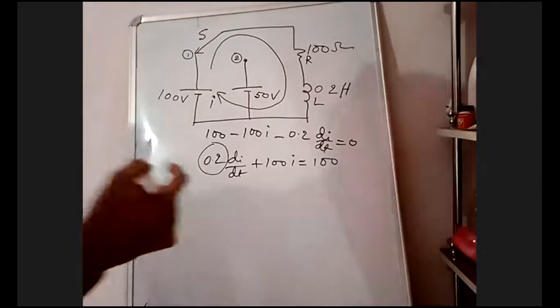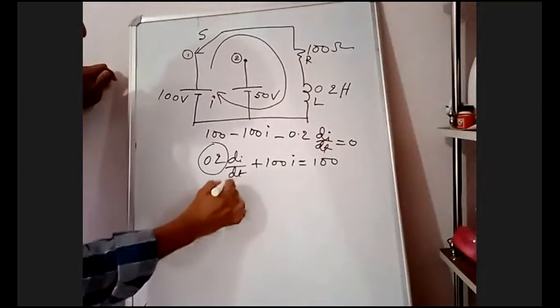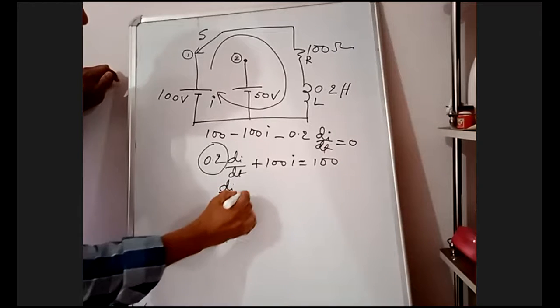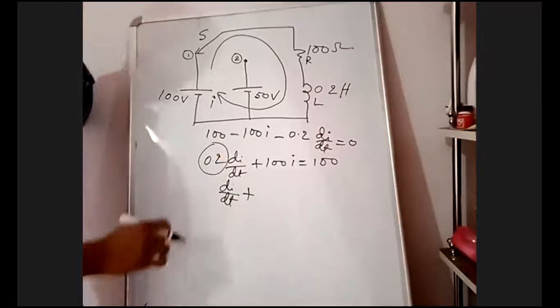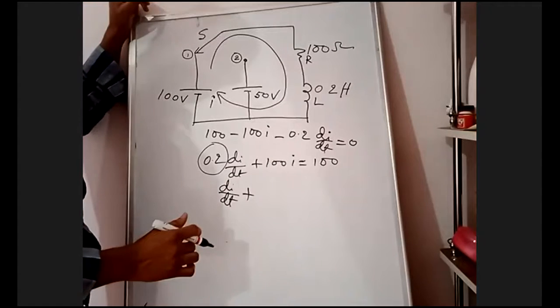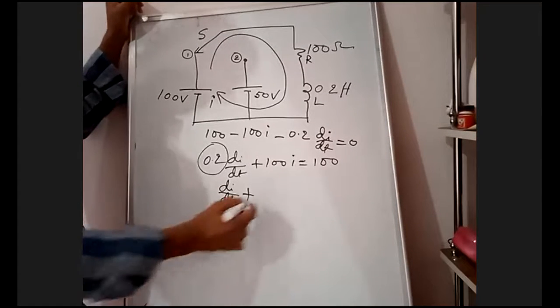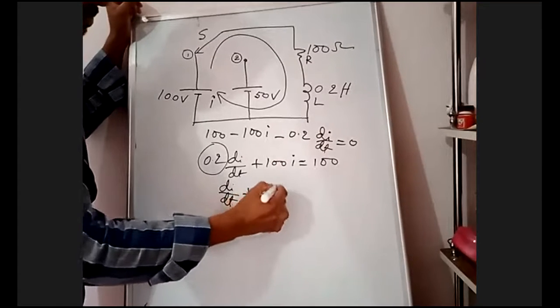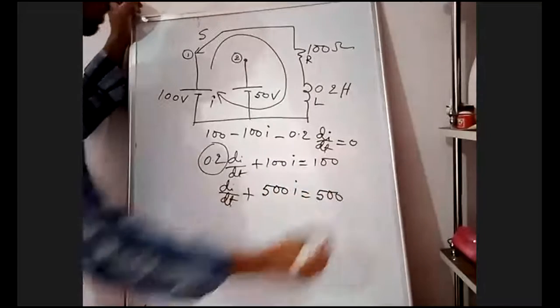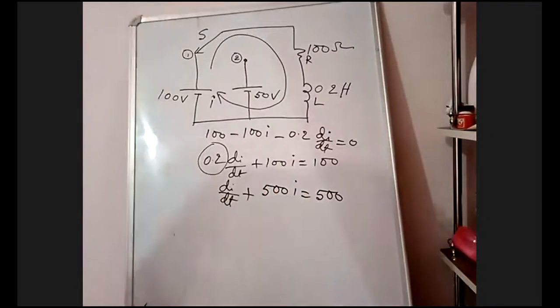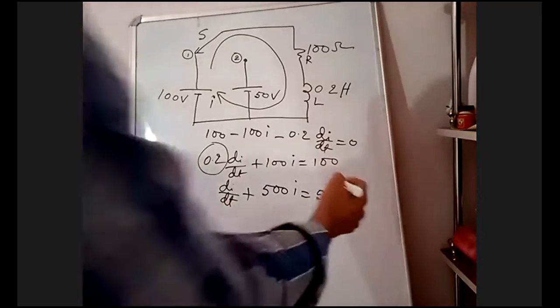Divide the entire equation by 0.2. 100 by 0.2, how much? 100 by 0.2 is 500. Let it be equation 1.